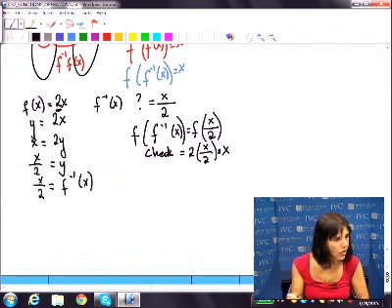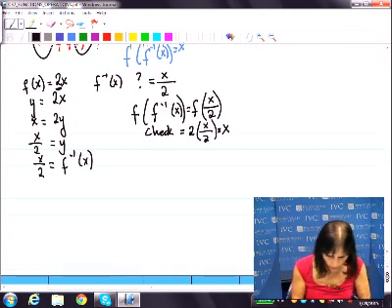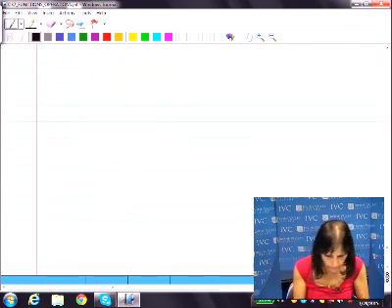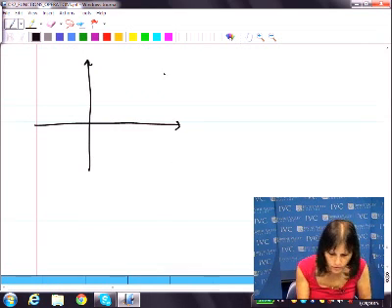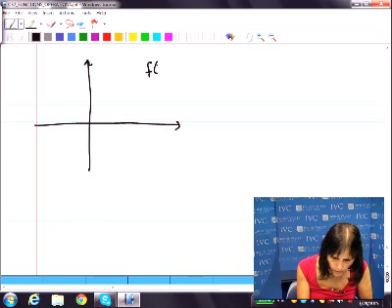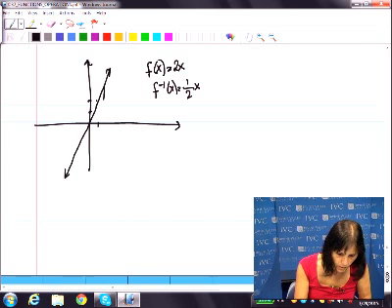Well, how do those guys look? I want to draw 2x, and I want to draw 1/2 x, which is its inverse. 2x, 2 over 1, so this is a kind of steep slope, 2-to-1 slope.